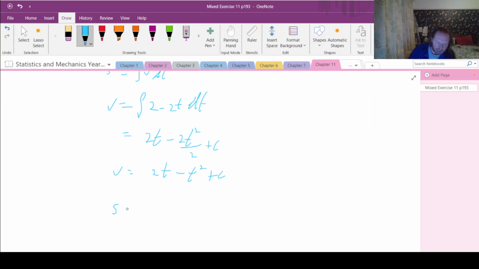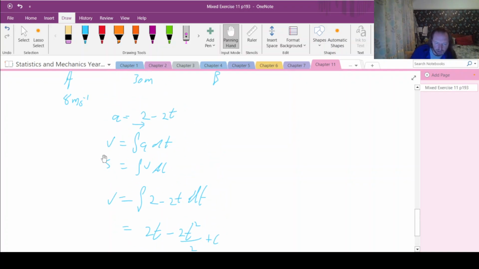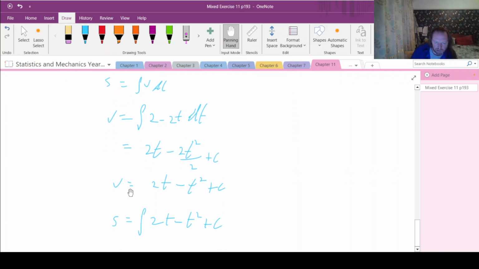Then we can say the displacement is equal to the integral of 2t minus t squared plus c. Now, should I work out what c is at that point? I do have a velocity at time equals 0, so yes.